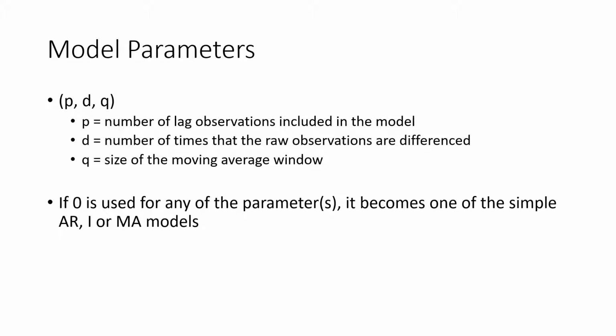Or if you use 0 for D and Q, then it will just become an auto-regressive model. So depending on the different parameters that you specify, or whether you specify 0 or not for any of these 3 parameters, accordingly the configuration of the model will change.